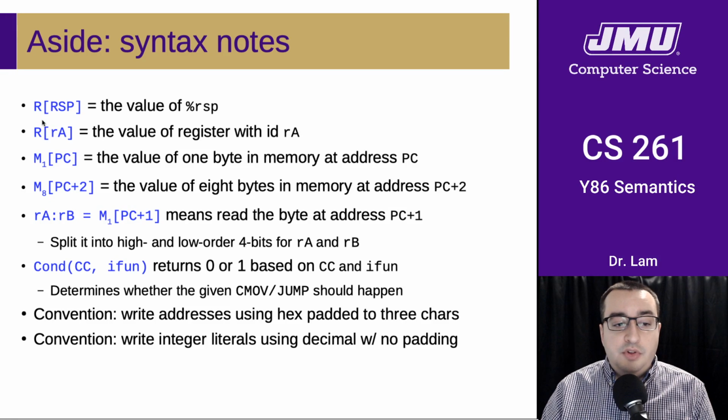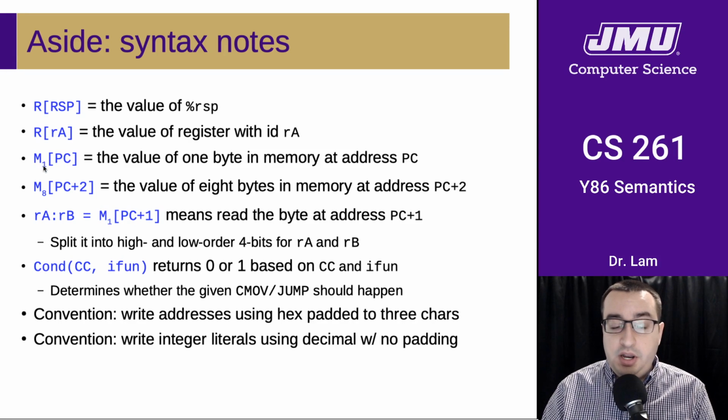So basically R with indexing means read from a register or write to a register. An M with the brackets means read or write from memory, and we'll use a subscript to indicate how many bytes we're going to read or write. So M sub 1 means 1 byte of memory, M sub 8 means 8 bytes of memory, and we'll put the address inside of the brackets.